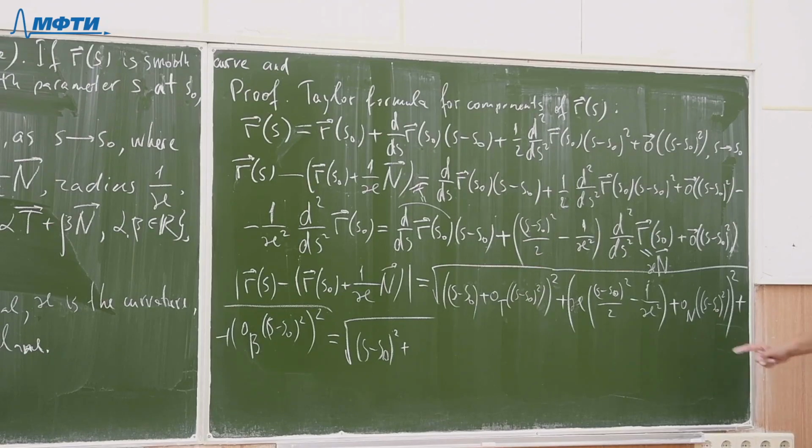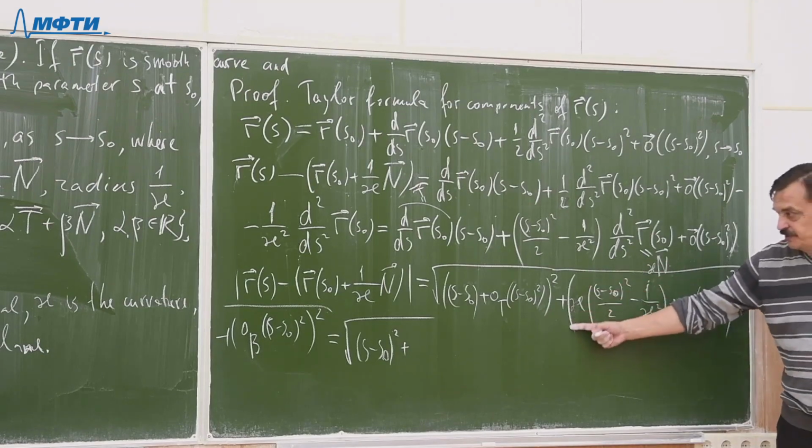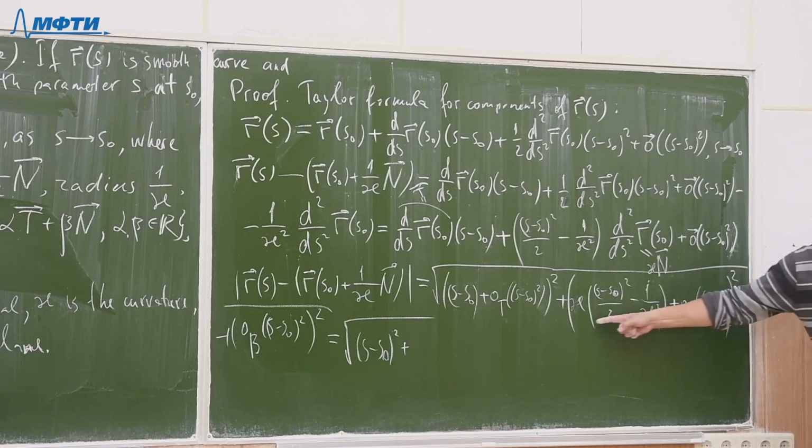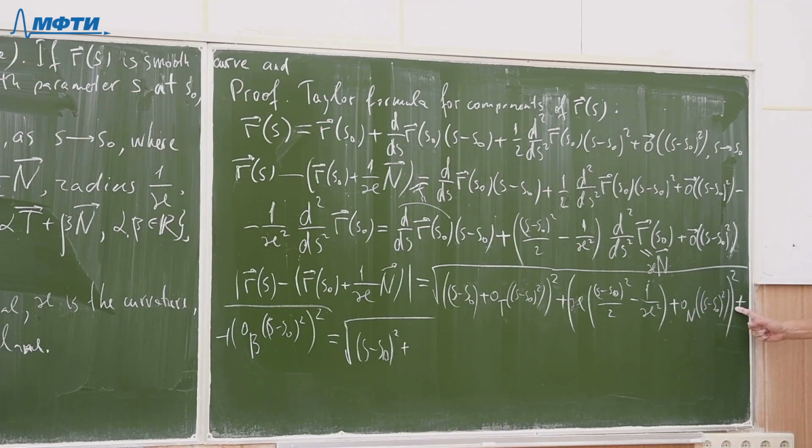Next, now square of this huge expression. So what we have here? Of course, double product of little o times something will be also little o. Square of little o will be also little o of this square. The only thing which is not little o is square of the first.